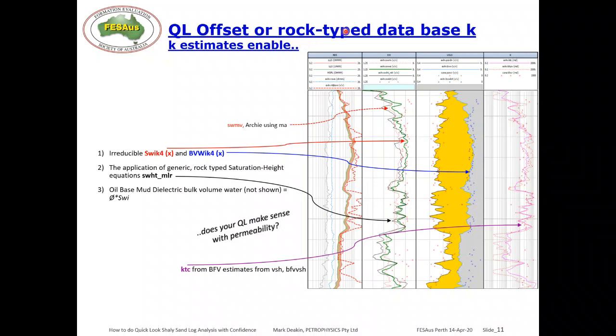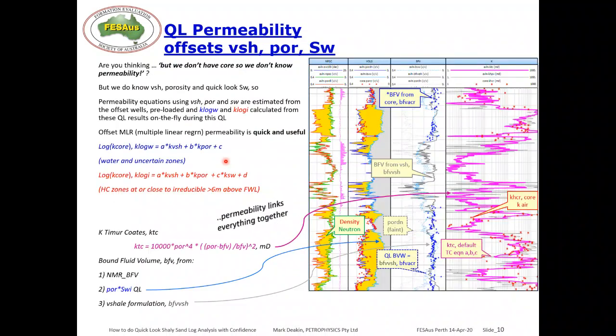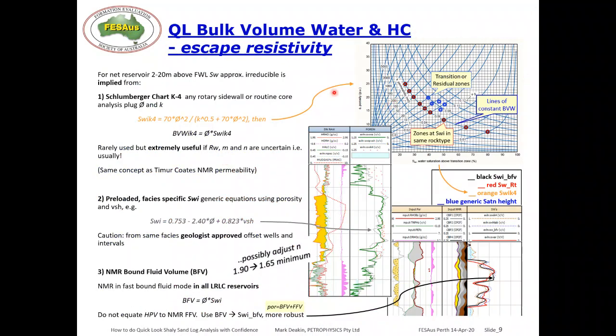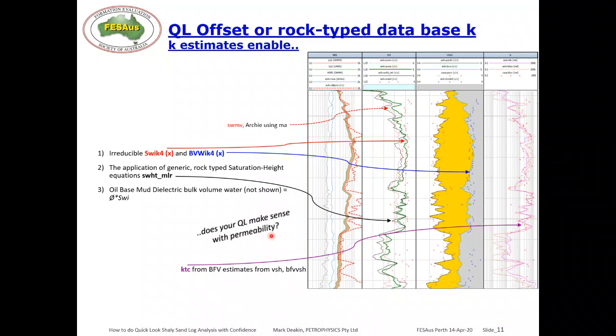So offset or rock type databases, mine is a rock type database, permeability K estimates enable your prediction of irreducible water saturation, of course, because that is simply a function of permeability and porosity, and also of course therefore bulk volume water irreducible. This K4 means this from this chart. Whenever I have K4 in a parameter, it's come from that relationship on the other slide.